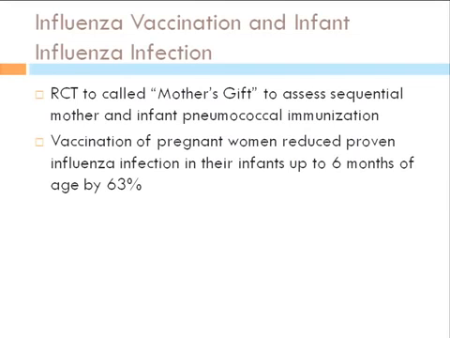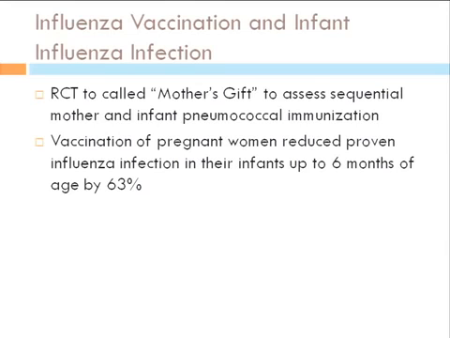And often, for ethical reasons, you want to give the control group a benefit, right? And so they will give them some other immunization. In this case, they gave them influenza. They were not expecting any kind of real results from influenza. They thought it would probably protect the women from getting influenza during pregnancy, okay?